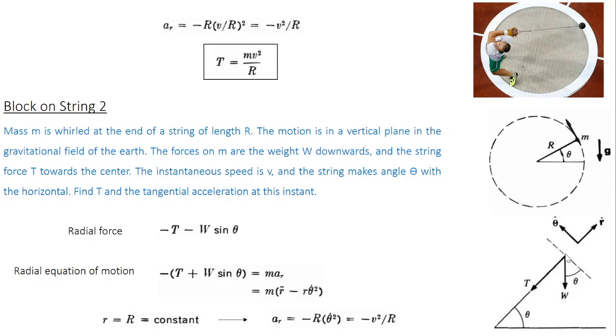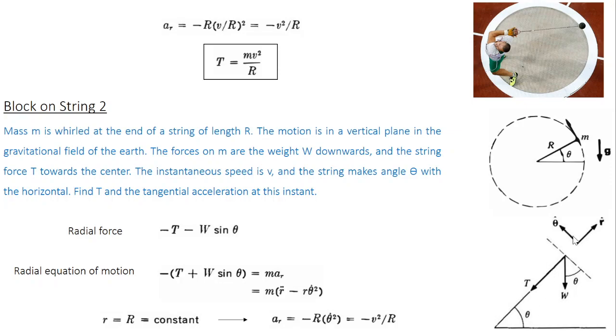So you can represent the object with a point mass of mass m. And what are the forces acting? You have tension acting in the inward direction towards the center. Assume this is the center. And weight acting in the downward direction, and the tension or the string makes an angle theta with respect to the horizontal. Okay.